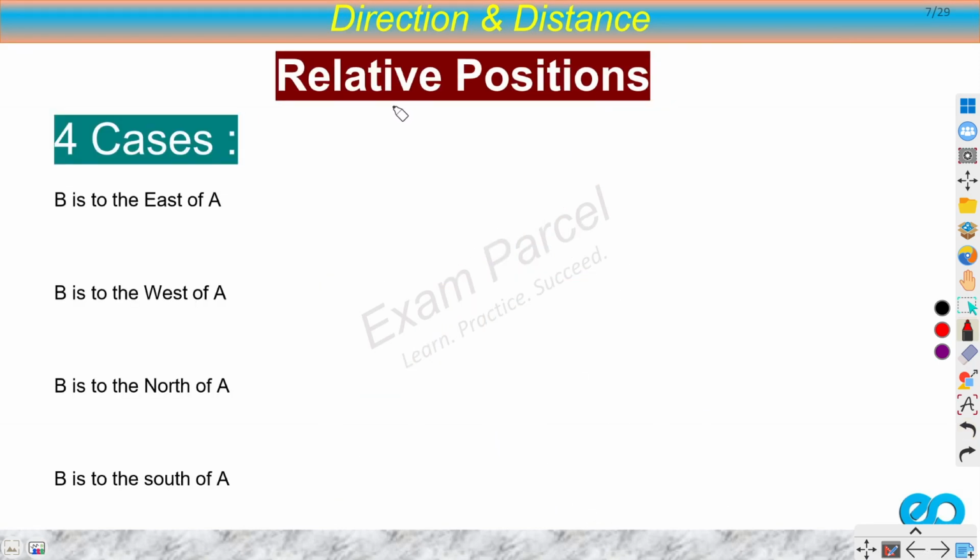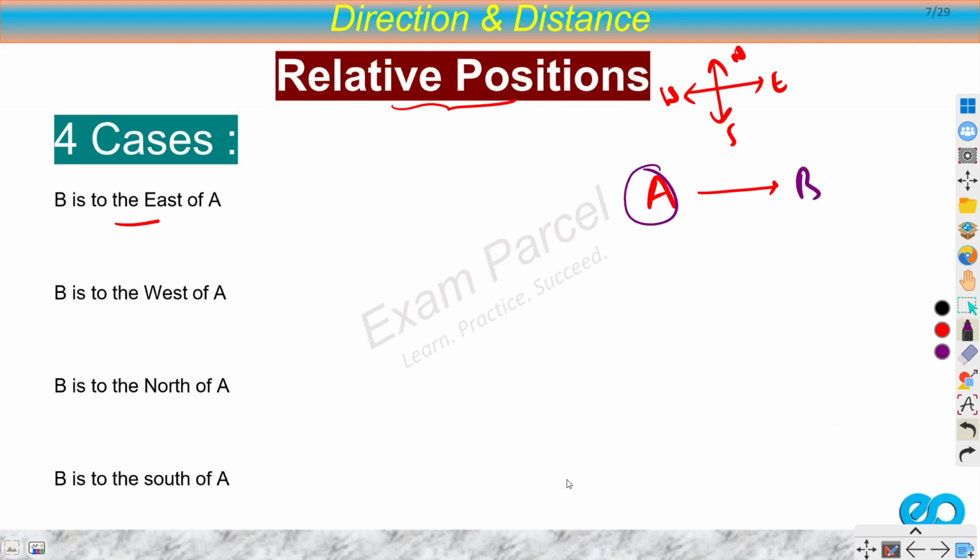Now we have to define some relative positions. The first one is that B is to the east of A. So east is this direction. Let me define the directions: east, west, north, south. B is to the east of A, so suppose A is here, B has to be to the right of A, so B would be here.